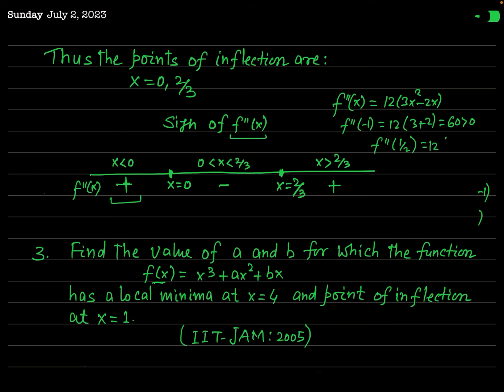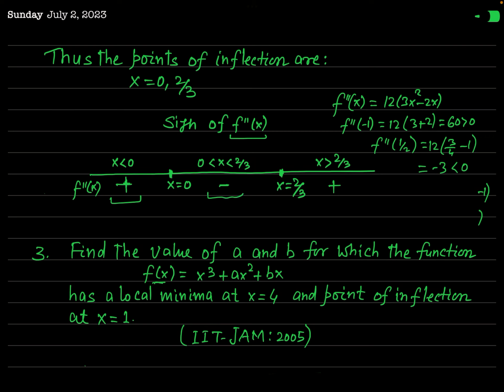This will be 12 times (3x square, and 1 by 2 square means 1 by 4, so this will be 3 by 4, and minus 2x, since x has been taken 1 by 2, this will be 1), and you can see this will be minus 1 by 4, that is -3, and -3 means less than 0. So here this f double dash of 1 by 2 will be negative.